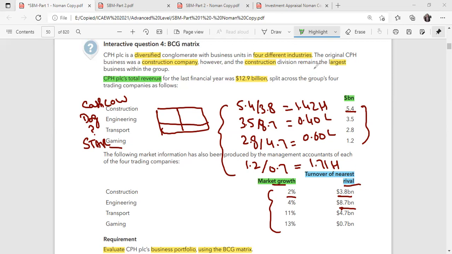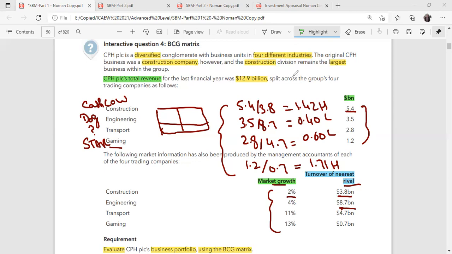So, this calculation. When we calculate market share, it is clearer to do some calculations before making a decision. Here, in the blue highlighted part, we are seeing the turnover of the nearest rival, which is just another company.